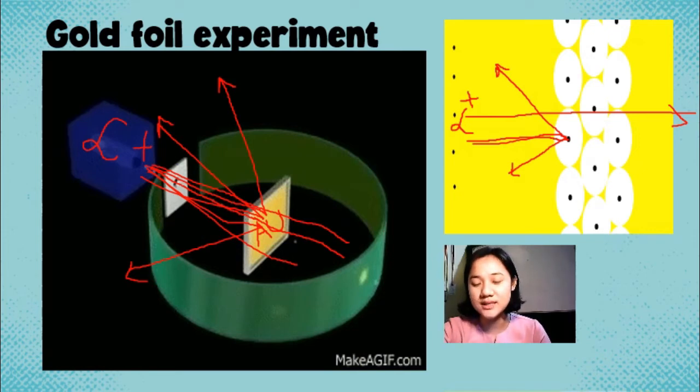So this is what happened in Ernest Rutherford's experiment. Since the alpha particle is positively charged, once it hit another positive charge within the center of this atom, there was repulsion. So, his finding, Ernest Rutherford said, is that the positively charged particles are concentrated at the center of the atom.